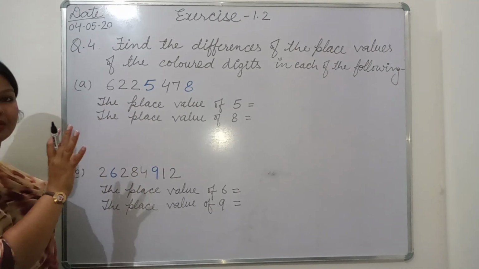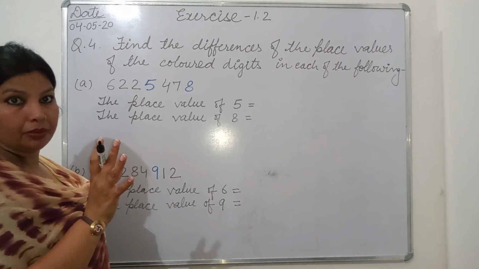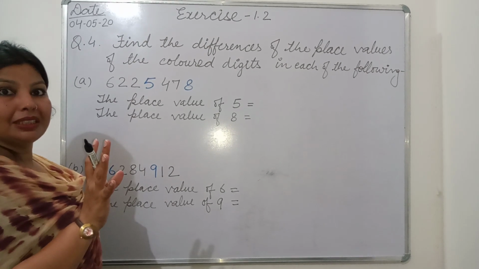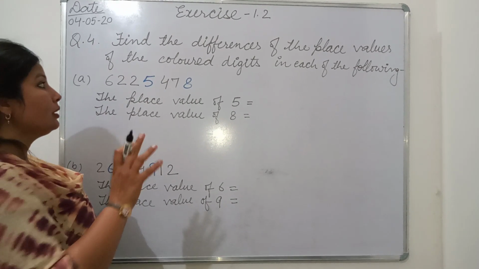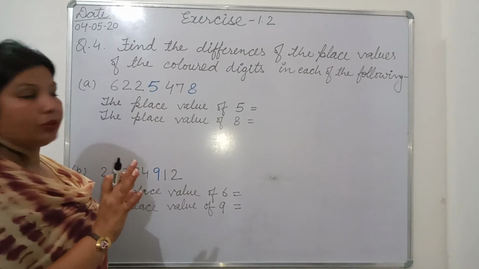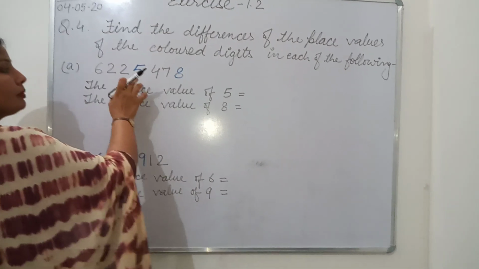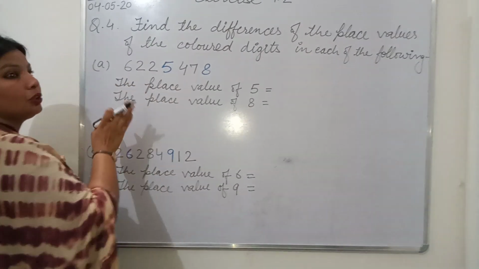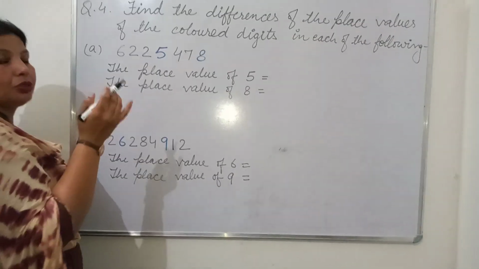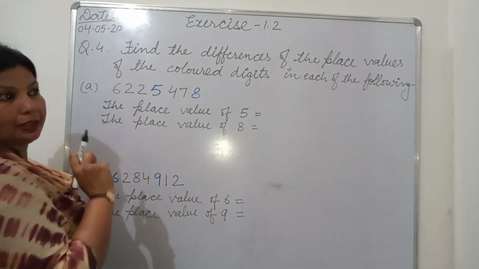In addition, I told you that you can take any number up because there is no difference in addition. But in subtraction, we should take the big number upside and the small number downside. Okay. So the number which is on the bigger place will be up, and the number which is on the smaller place will be down.